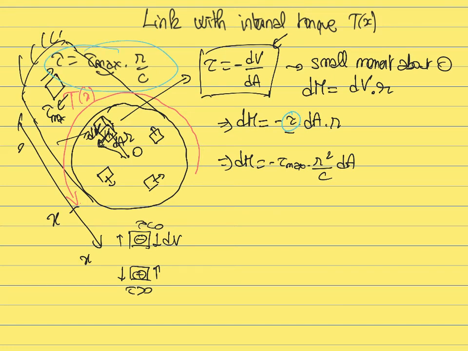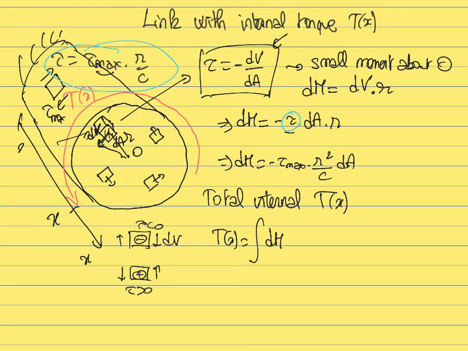Now, if I want to get the total torque T at the position x, the torque is going to be the combination of all those small moments dm. So if I want the total internal torque at the point M, at the point x, it is going to be the sum of all those small moments dm.